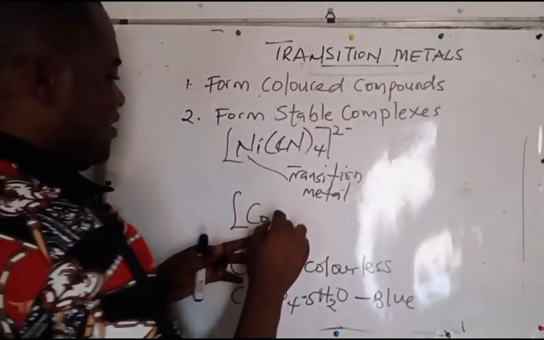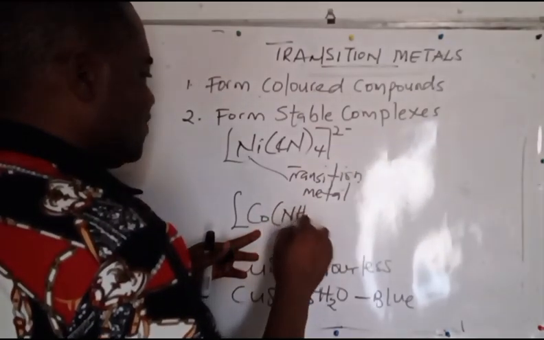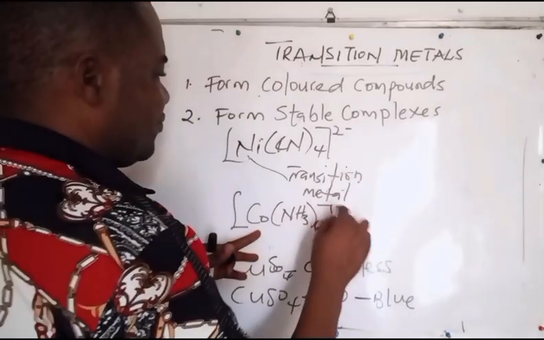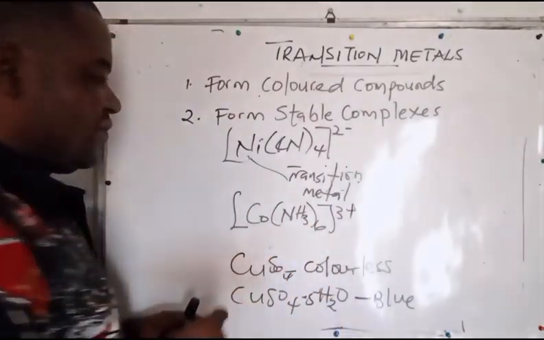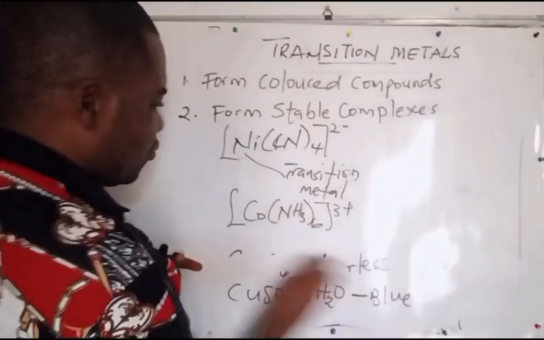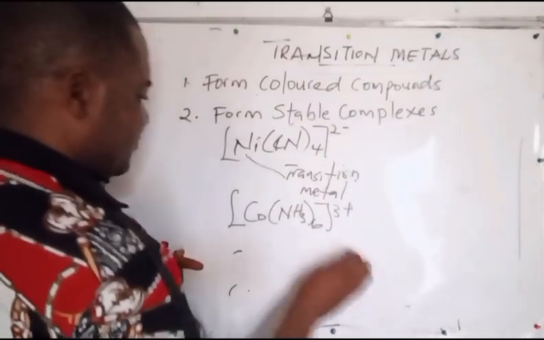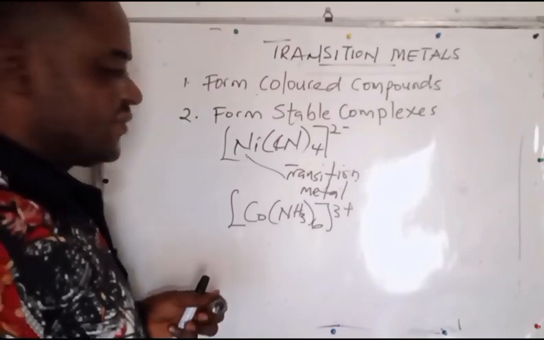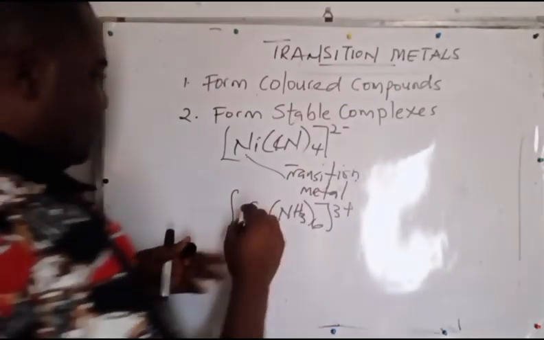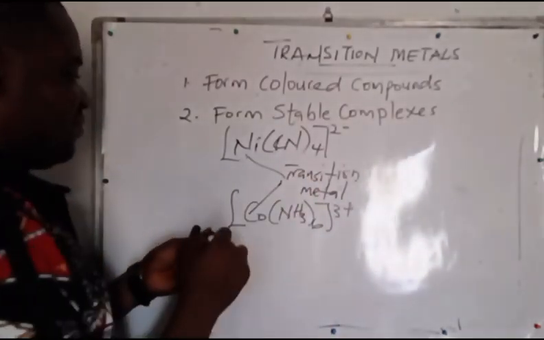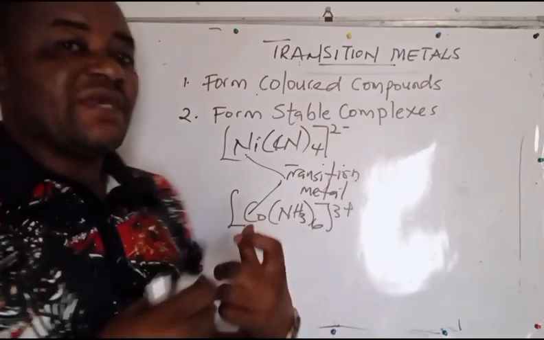You can have this: cobalt, with an amine group, 3+. Do you know that with this we can also name this compound? This compound has cobalt. Cobalt is also a transition metal, and it stands here as a central metal ion.